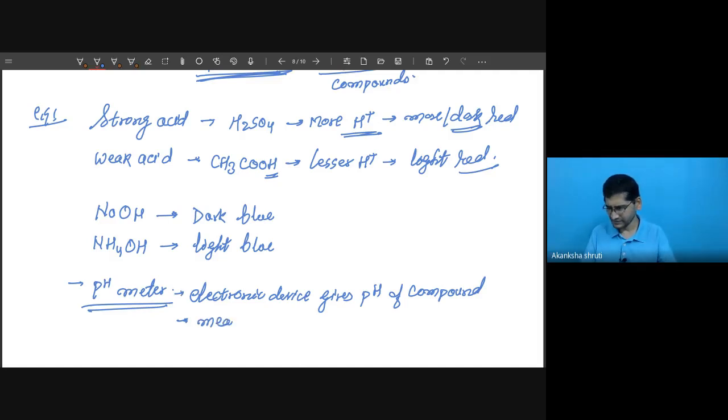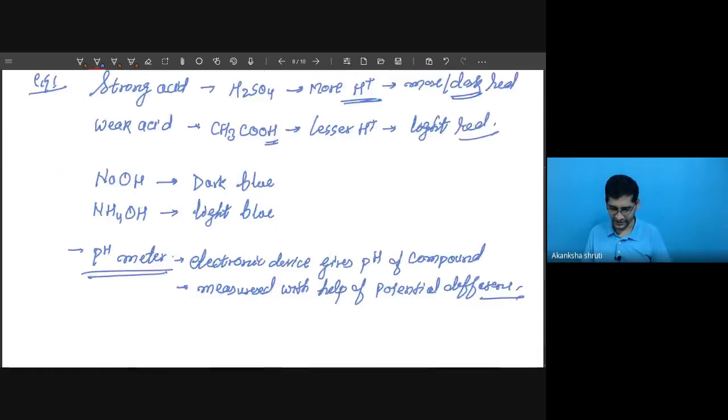So it measures with the help of potential difference. This is what we have to keep in mind. So this is all about our universal indicator.